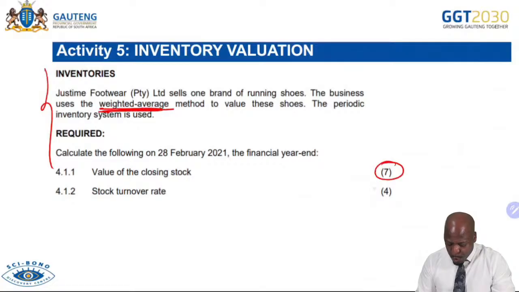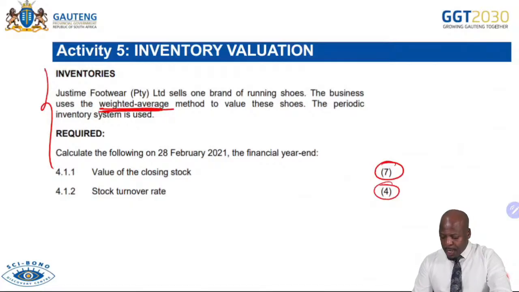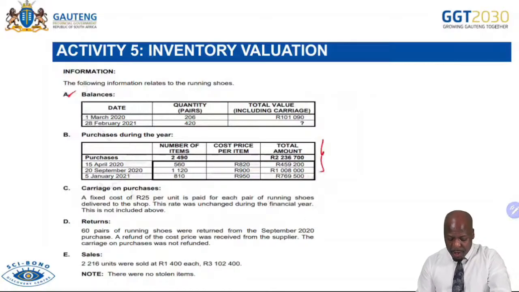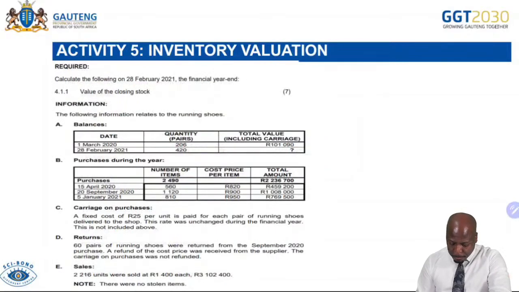And then we're also going to look at the stock turnover rate. Okay, let's begin. So here's the information that we were given. It says, the following information relates to the running shoes. And here are the balances. That is your information A. Then you have your purchases, your carriage, returns, and sales. Very, very important. Okay, let's start the calculations.